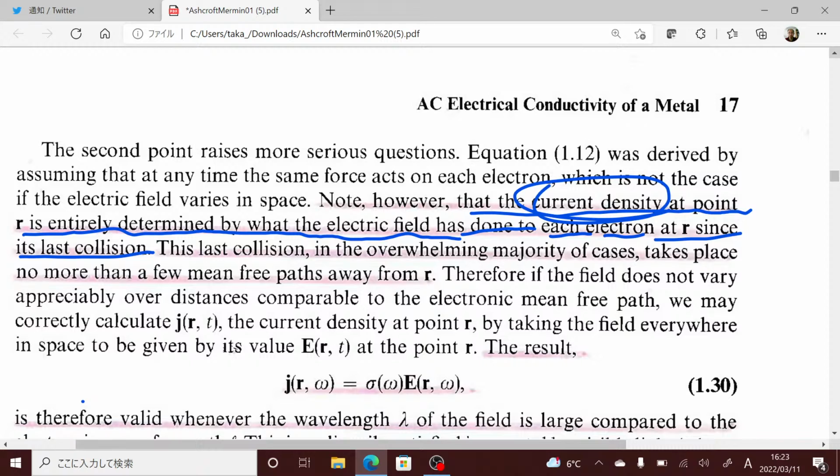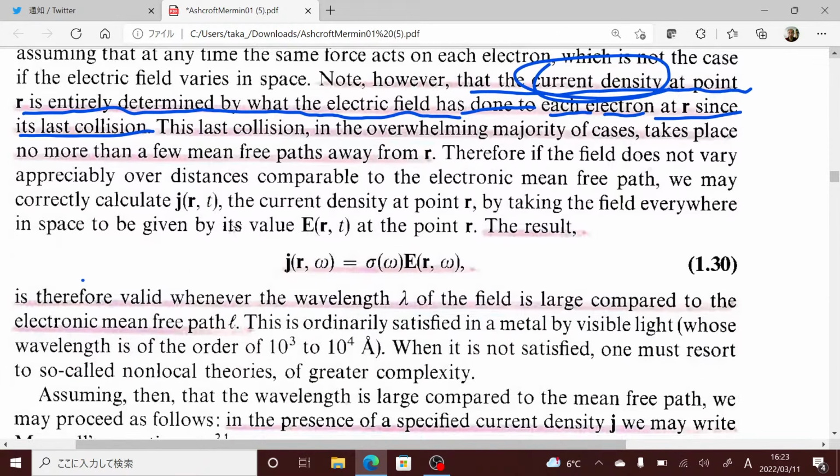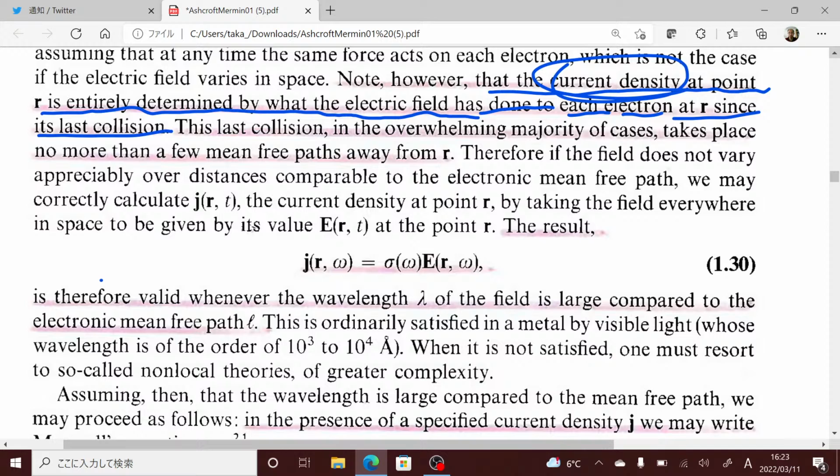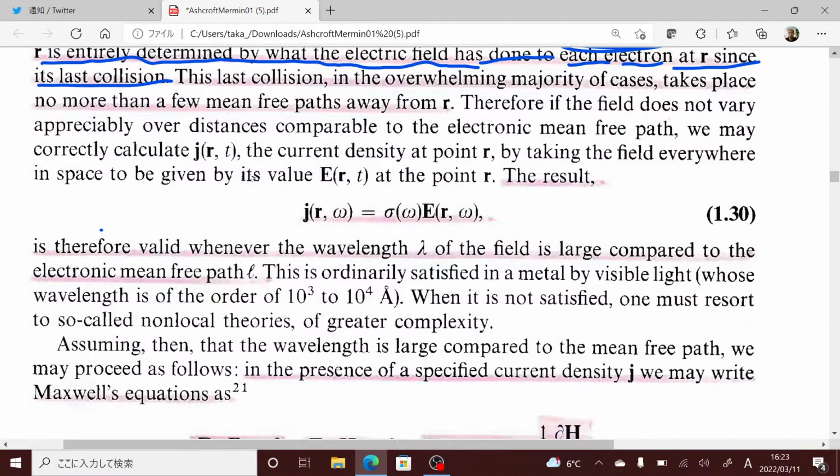The result, j(r,ω) equals σ(ω) times E(r,ω), is therefore valid whenever the wavelength λ of the field is large compared to the electronic mean-free path l.